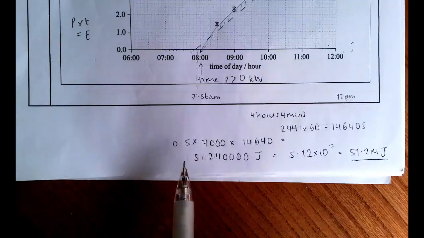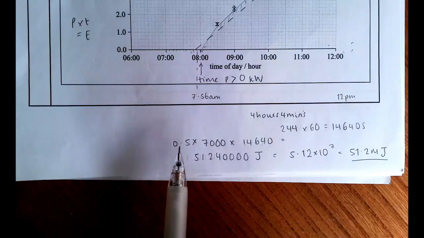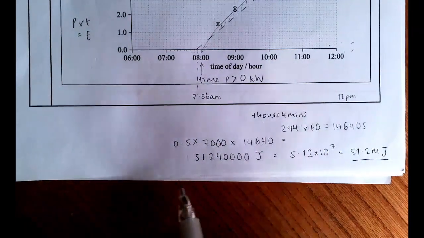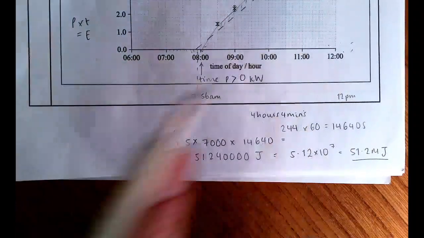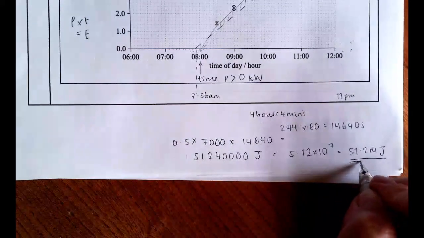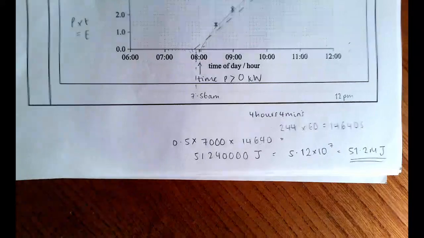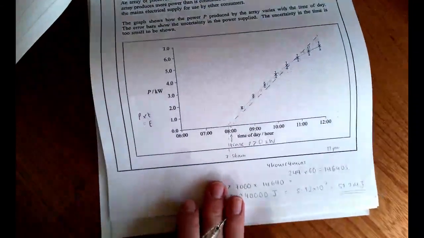I'm just going to find the area of the triangle, so a half times base times height. There's my height, my 7,000 watts, my 7 kilowatts, and that is my time from here to here in seconds. And I get a value in joules. The total energy under the graph I worked out to be 51.2 megajoules.